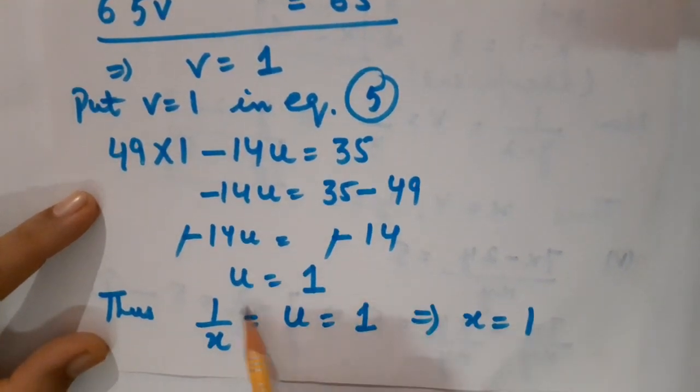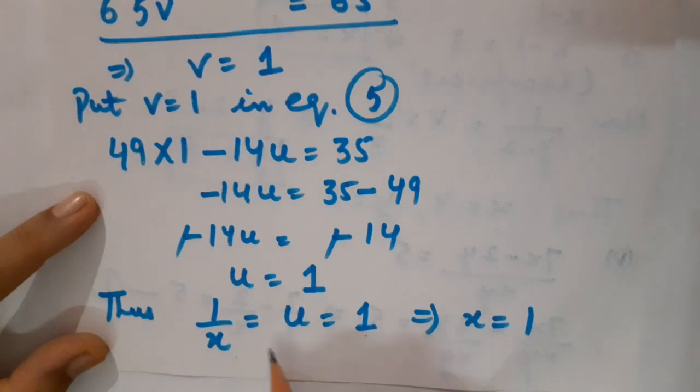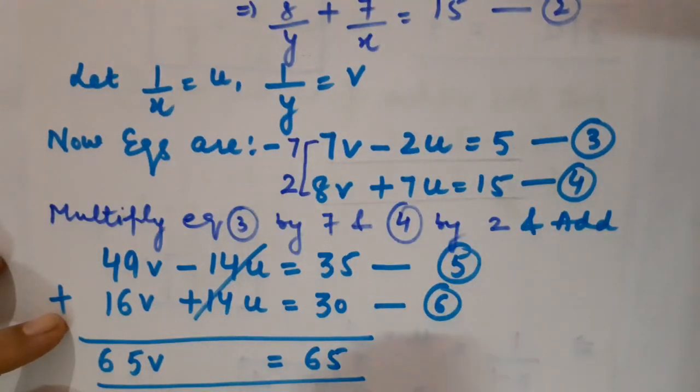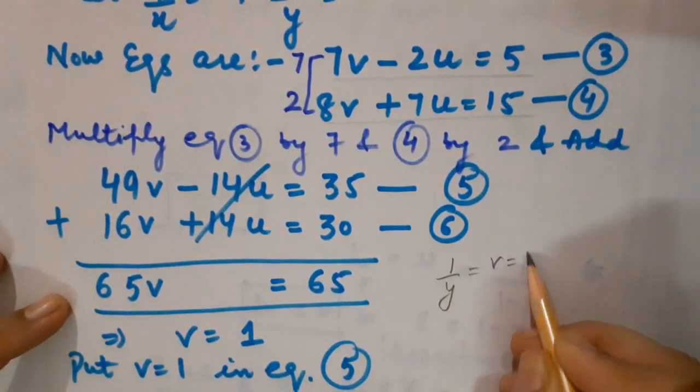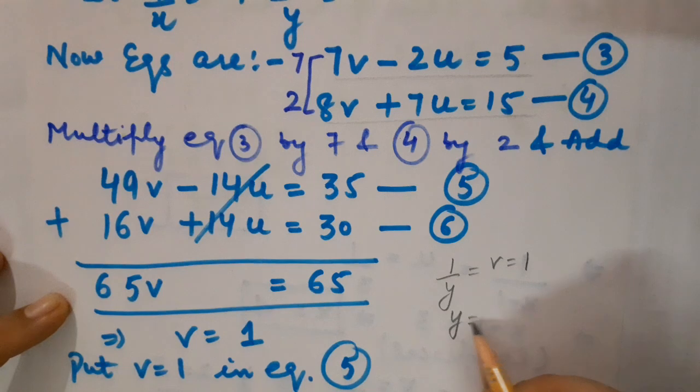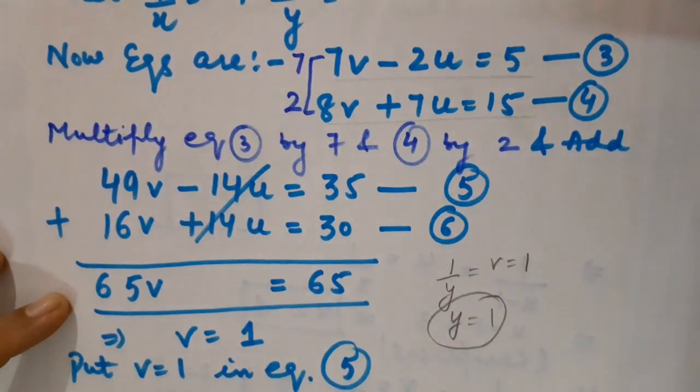And you know that u is equal to 1 upon x and u is equal to 1 also. So what will be the value of x? Of course 1. Children, the value of v also I have got as 1. So 1 upon y is equal to v is equal to 1. So while taking reciprocal, y will also be equal to 1.